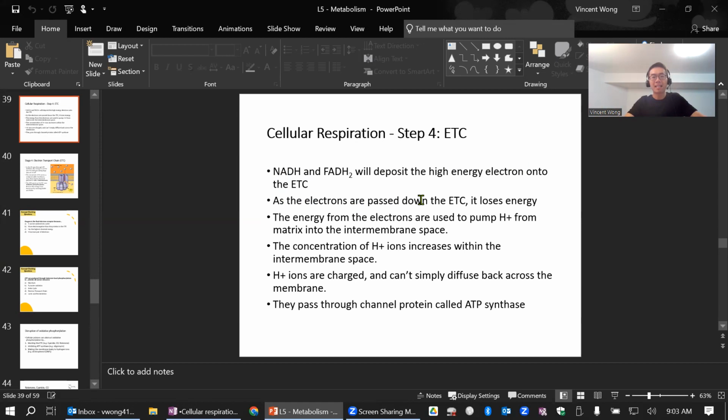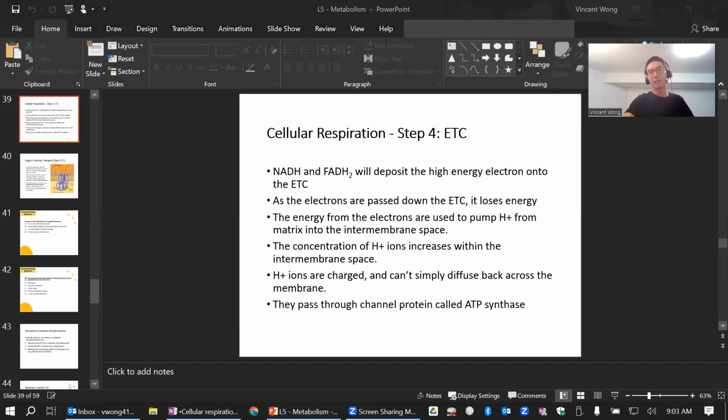As the electron are passed down the ETC, one onto the next, onto the next, it loses energy, right? And that energy is used to pump H plus from the matrix to the intermembrane space. The concentration of H plus increases within the intermembrane space, okay? They really want to come back into the matrix from high to low, but they cannot because they are charged, okay?